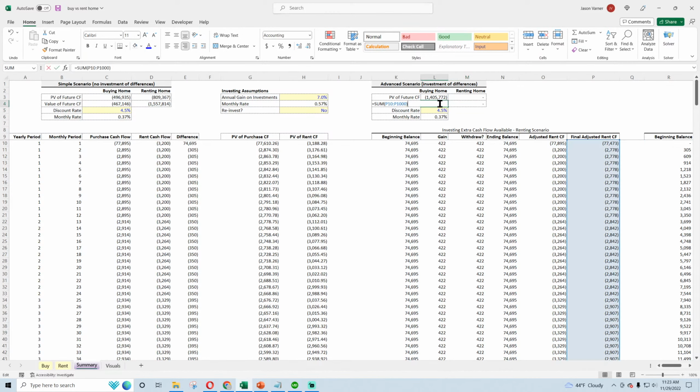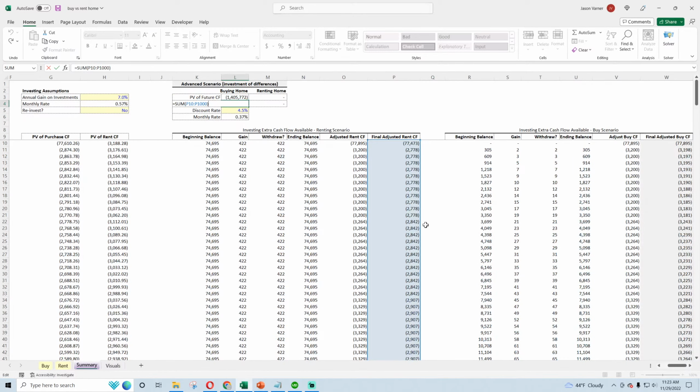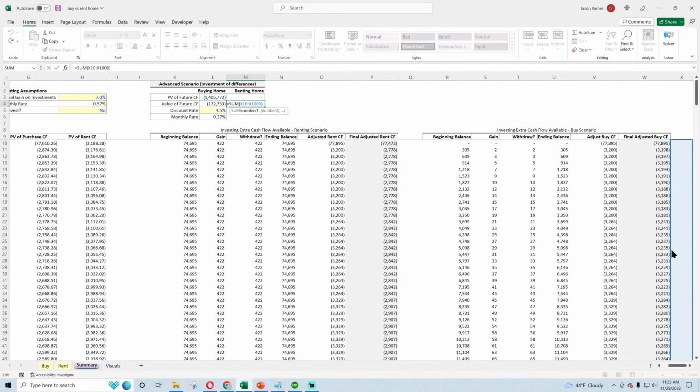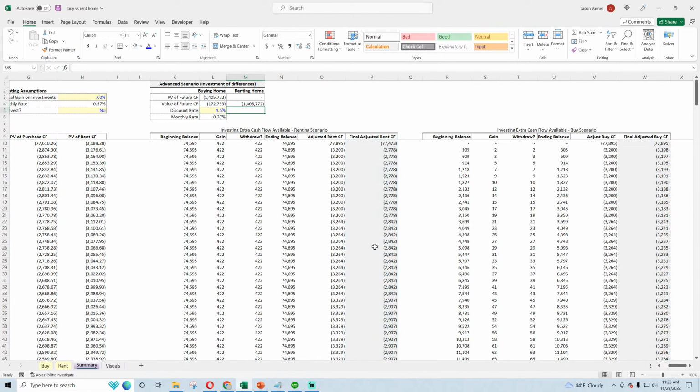Hold on. So this is buying. So buying is this one. Renting. Can I get this over? It's this one. So yeah, in this case, buying is way better. Well, we'll adjust some of the assumptions to see what's going on.